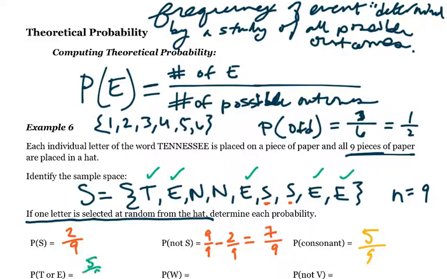So that's going to be 5/9. Probability of a W, well, there are no W's. There will be no sheet of paper that has a W on it, so the probability of that happening is 0. And probability of not V, well, they're all not V. So the probability of that is 9 out of 9, which equals 1.